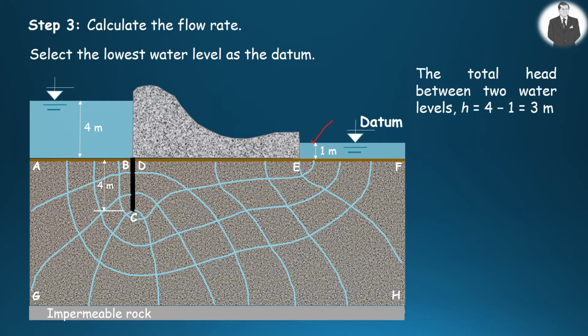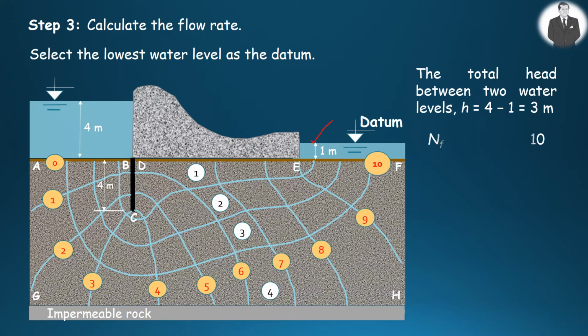In this case, the total head between two water levels is 3 meters. Since we have the flow net construction, we can determine the number of flow channels and the number of equipotential lines, which are 4 and 10 respectively.